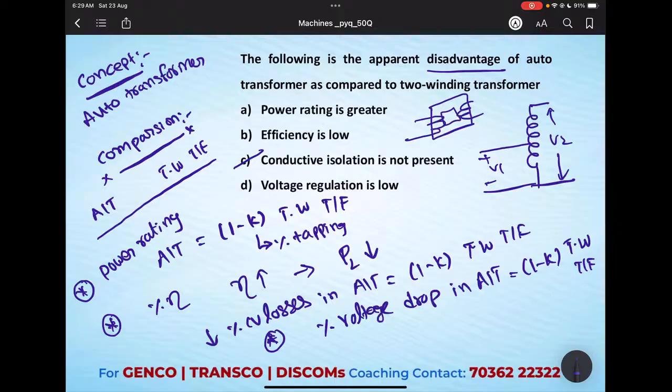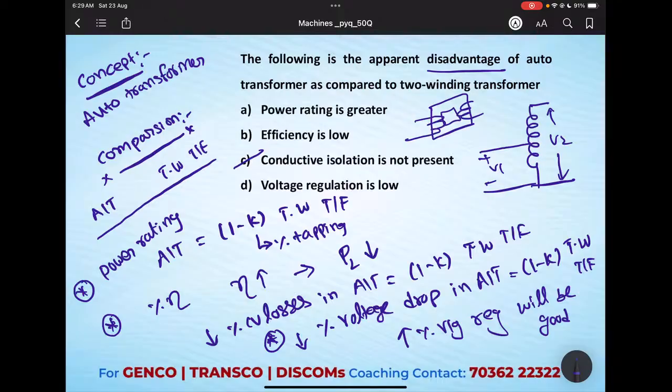So voltage drop less means percentage voltage regulation will be good. If voltage drop is less, regulation will be good. Okay, so it is going to be advantage only. So in the 4 options, only one drawback we are facing with auto transformer is conductive isolation is not present. Okay, all 3 are advantages only.